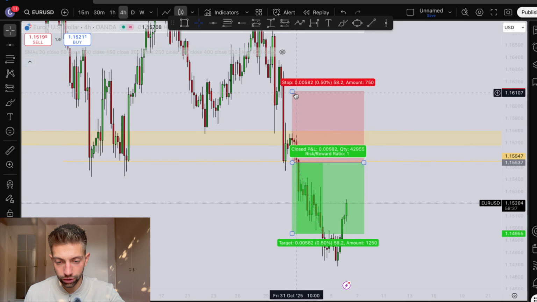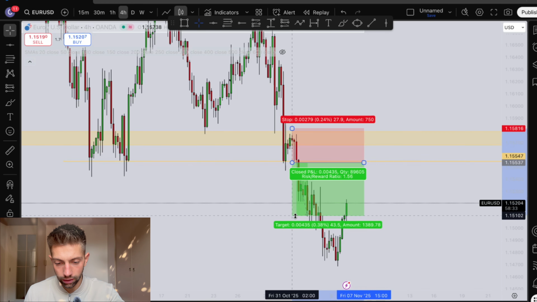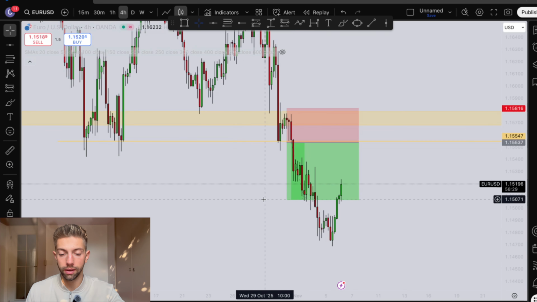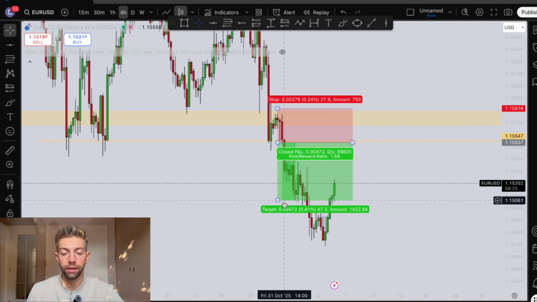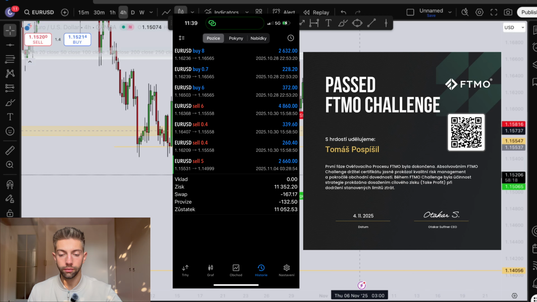This was my entry, this was my stop loss, and in here the account was passed. I said normally I would target 1 to 2, which was hit as well, but in here the account was passed. Again, I'm gonna show you guys the screens, the certificate, and that was this trade.